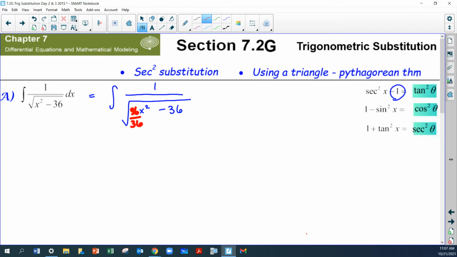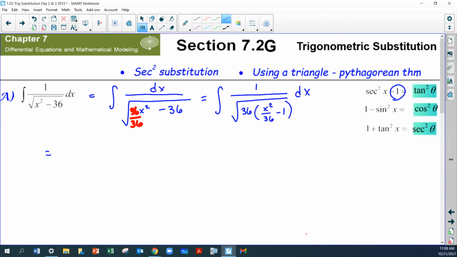Why would I do that? Because then I can go 1 over, and I can factor out a common 36 between the x squared. Now I'll still have x squared over 36 minus 1. If you look at the distributive step, it would get us back to where we started. Now, oh, little dx in there. Let's call this dx up there.